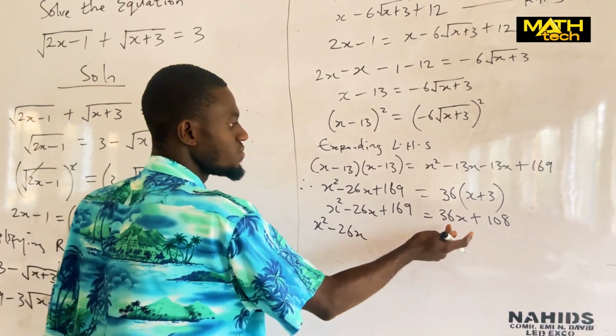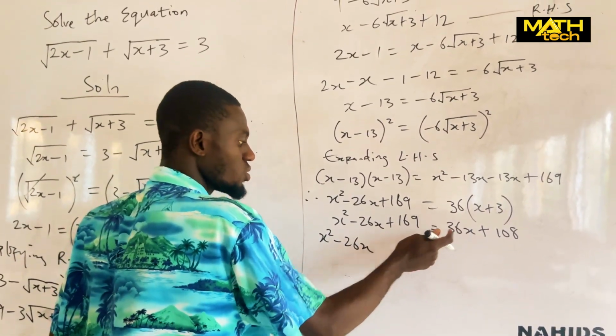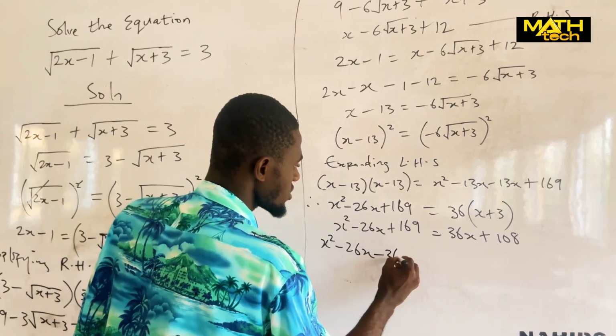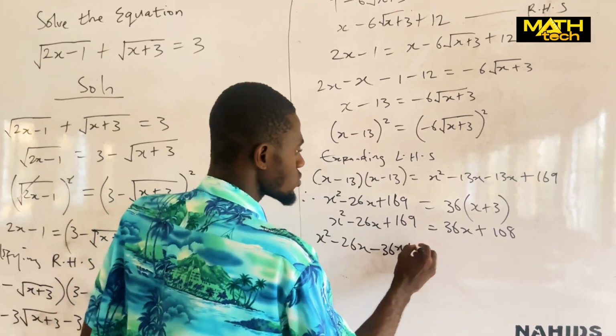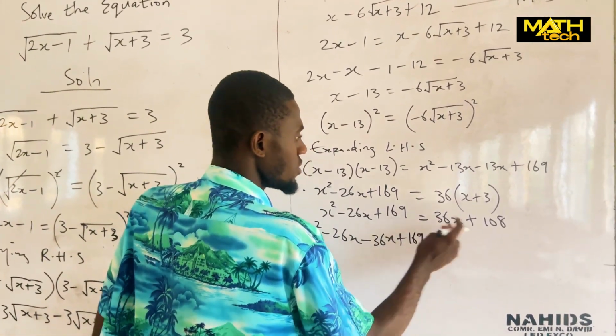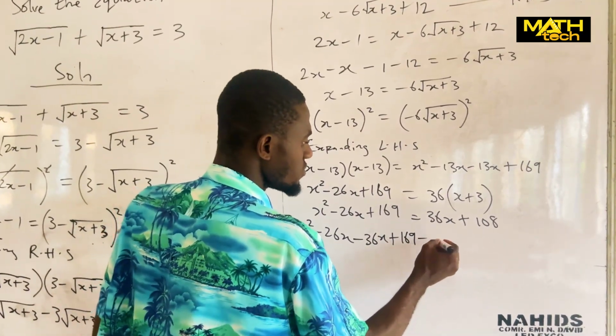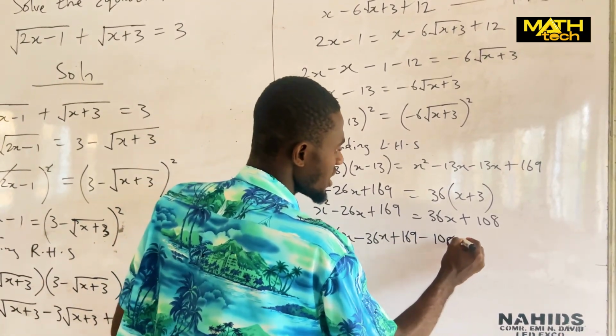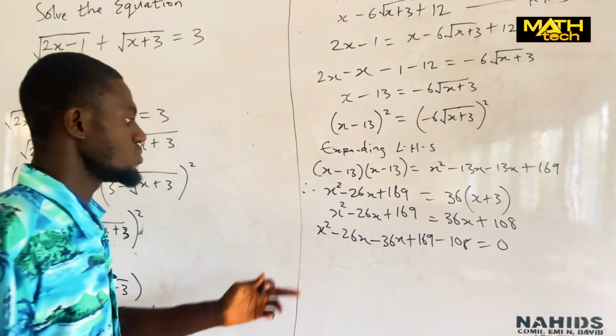When this crosses over, it changes from positive to negative, and we have minus 36x plus 169. When this crosses over, it turns negative, minus 108, and everything is equal to 0.